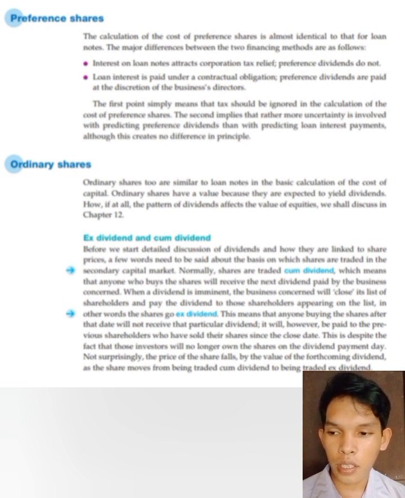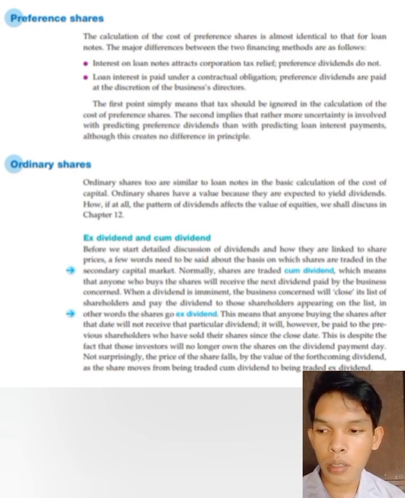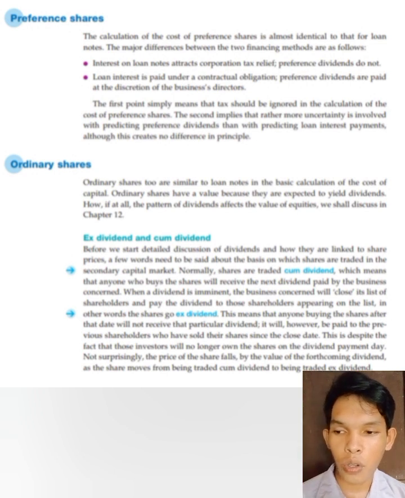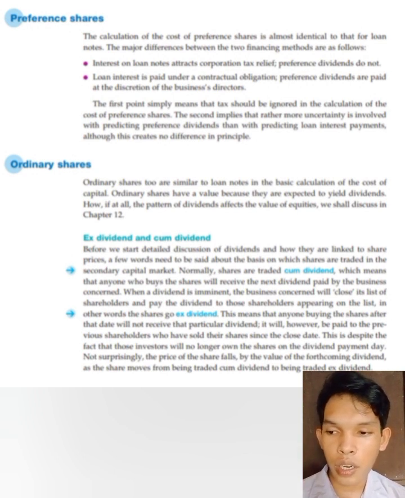Ex-dividend means that anyone buying the share after the date will not receive that particular dividend. It will, however, be paid to the previous shareholder who has sold their share since the close date.